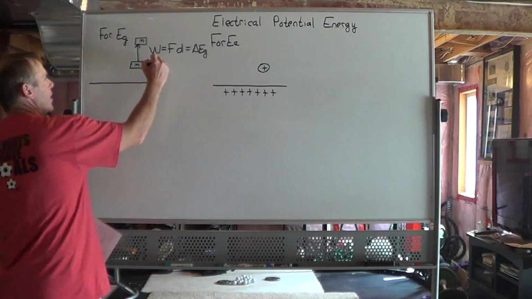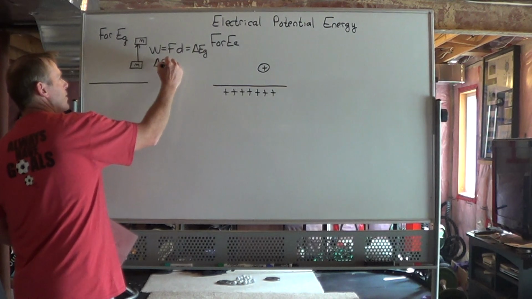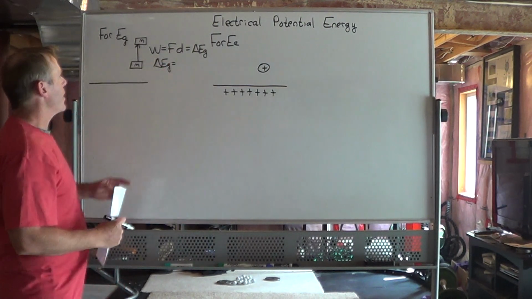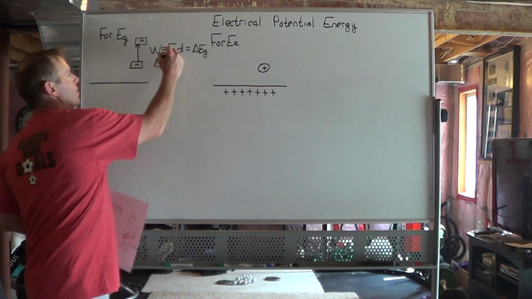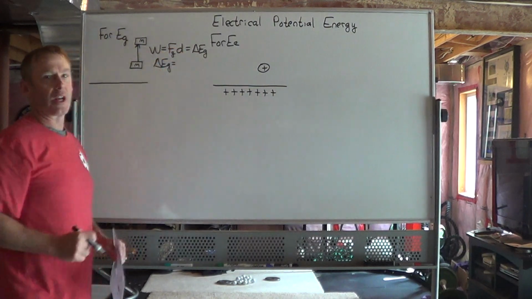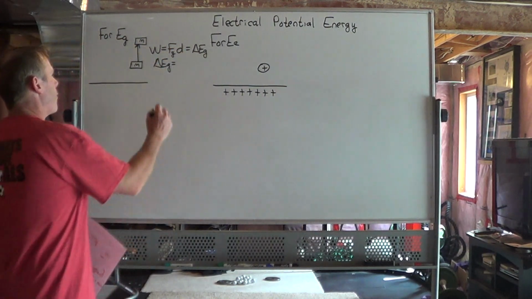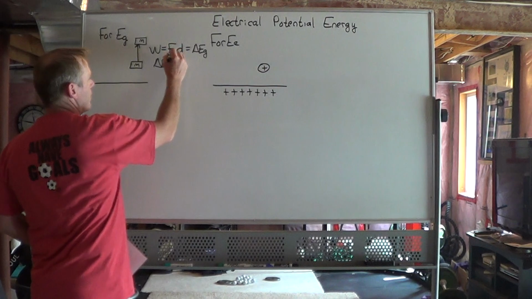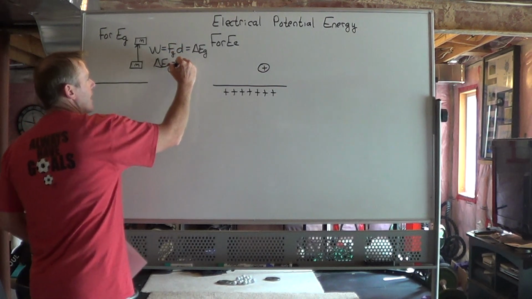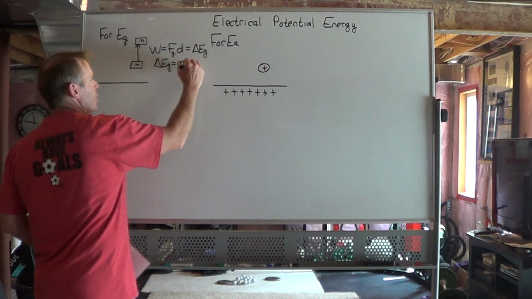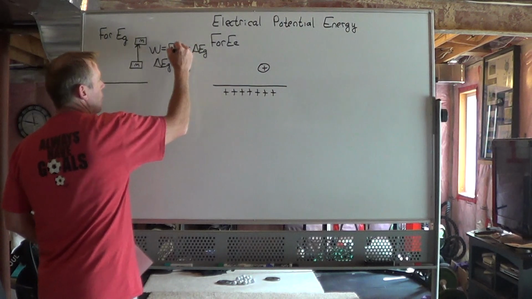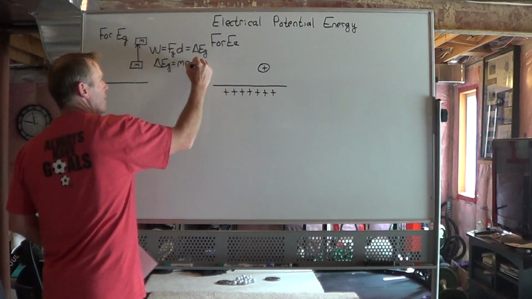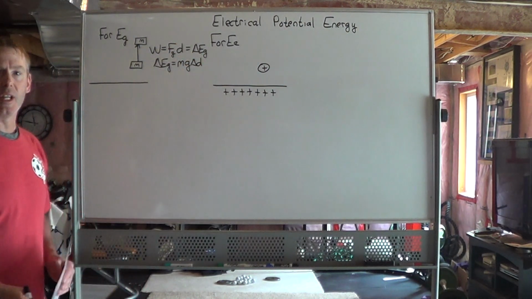And we can also say that our change in gravitational potential energy, because we're talking about this force, which is the force of gravity that we're counteracting, and the formula for the force of gravity is m, the mass, times g, and again our change in distance is delta d.